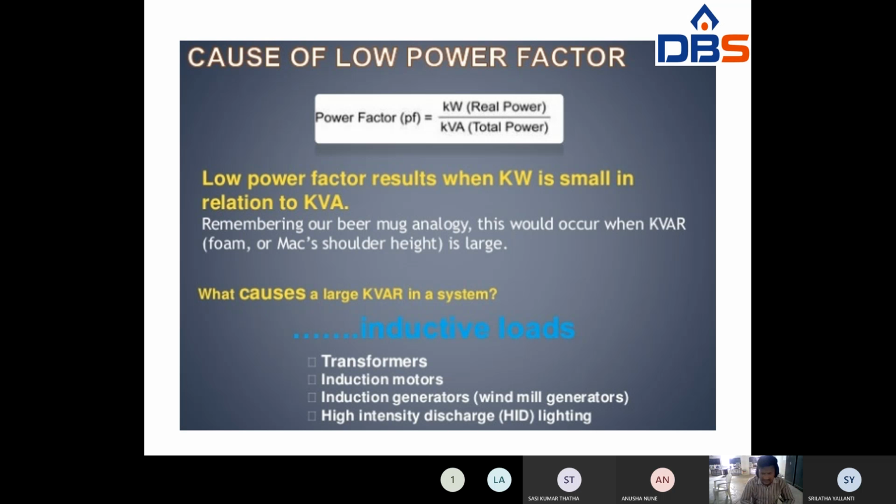Generally, in industries or elsewhere, motors may be utilized to pump water. Otherwise, some of the industrial motors or equipment motors are also three-phase induction motors, right? A three-phase induction motor is in the sense an inductive coil. It may be equal to a transformer also. How can you say that?